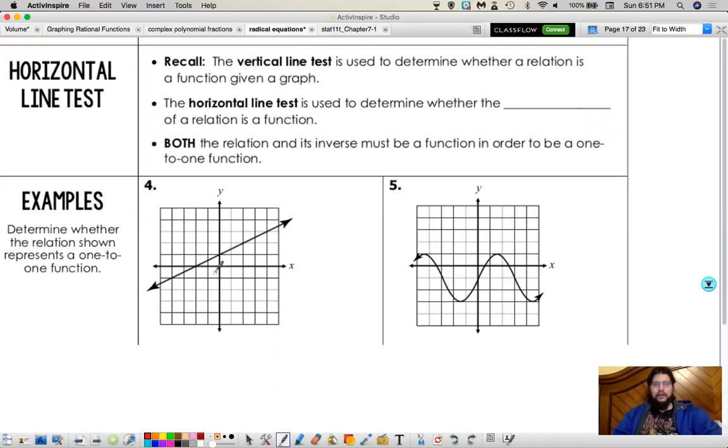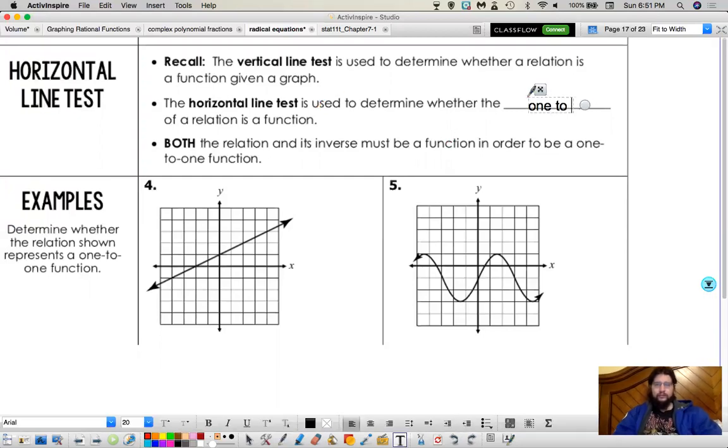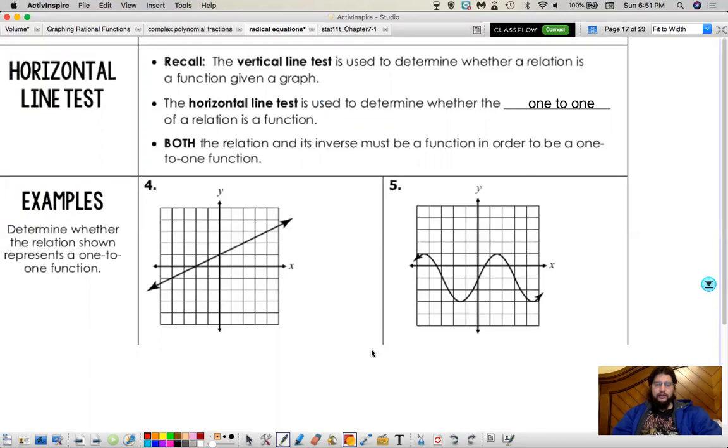If we're looking at whether or not a graph is 1-to-1, we can use a horizontal line test. We use a vertical line test to see if it's a function, and a horizontal line test to see if it's 1-to-1. So let's see, got a horizontal line here.